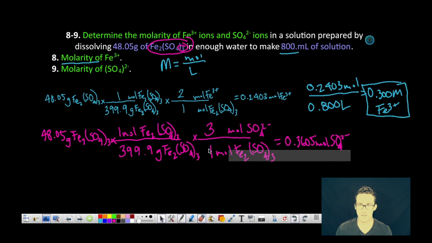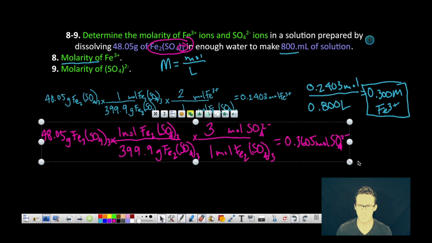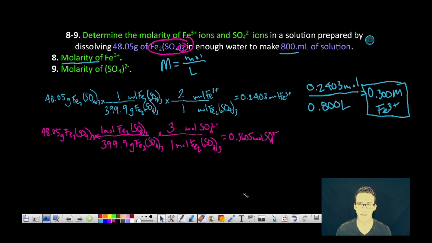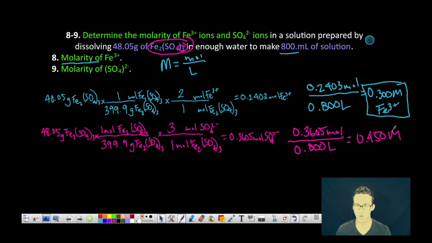I'm going to shrink this down. Okay, and then we're going to, again, solve for the concentration by taking that number of moles in the 0.800 liters, which will give us 0.450 molar sulfate ion concentration.